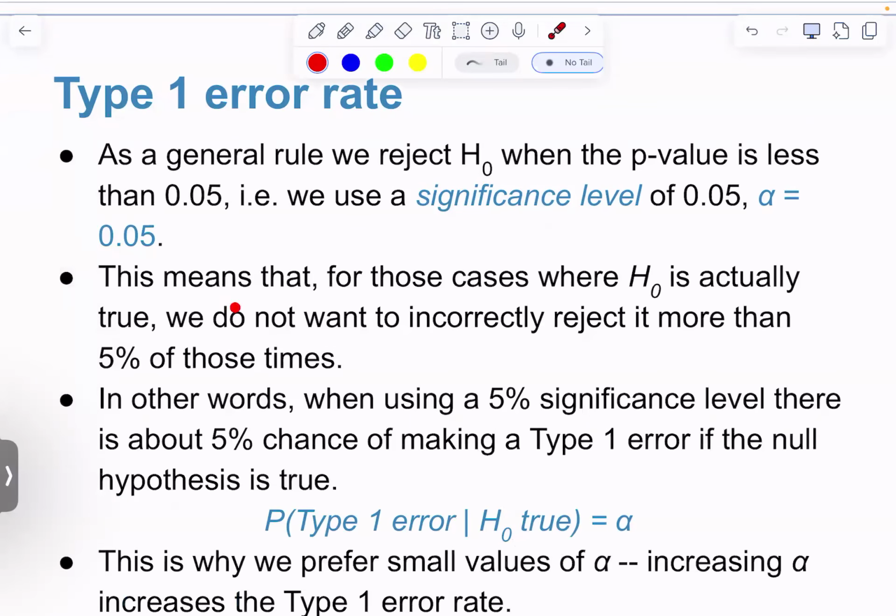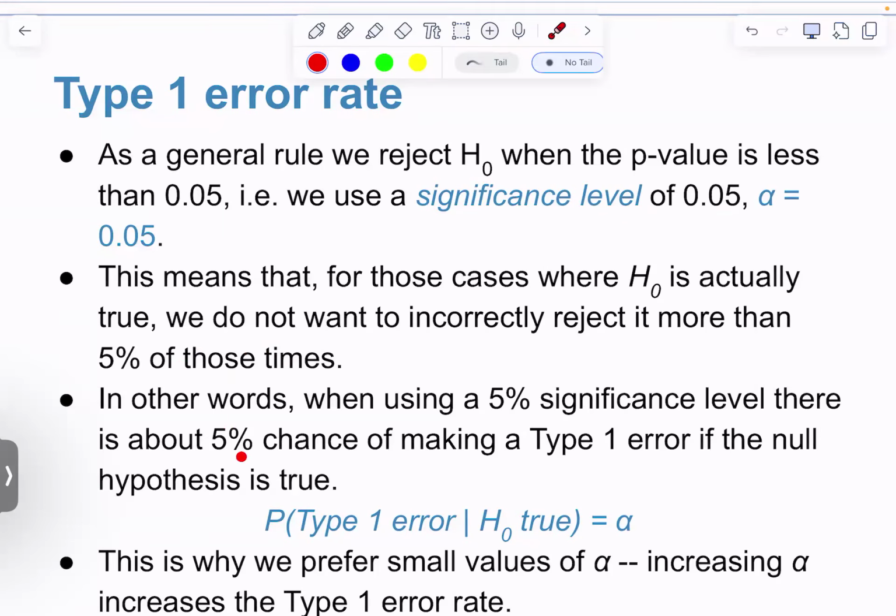This means that for the cases where H naught is actually true, right? We're saying, well, we don't want to incorrectly reject it more than 5% of those times. I'm rejecting it, but there's a chance that I shouldn't. Maybe we just have a weird sample.